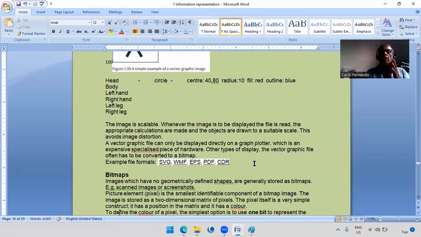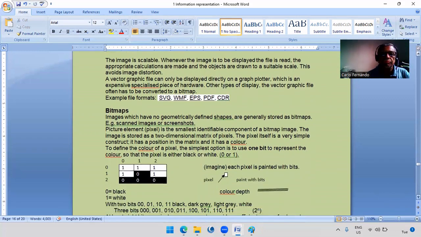So if you want to display a vector graphic file on our screens without buying that expensive piece of hardware, then that vector graphic file has to be converted to a bitmap file. Okay? And the vector graphic example file formats are SVG, WMF, EPS, PDF, CDR. PDF you already know. CDR is a CorelDRAW extension.